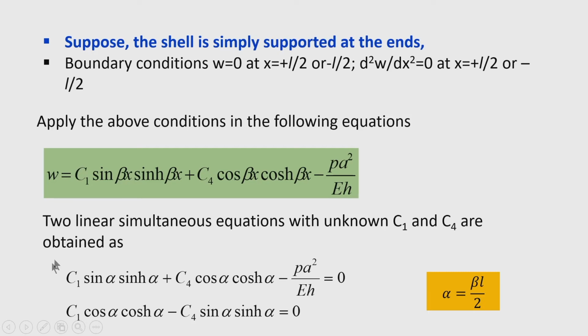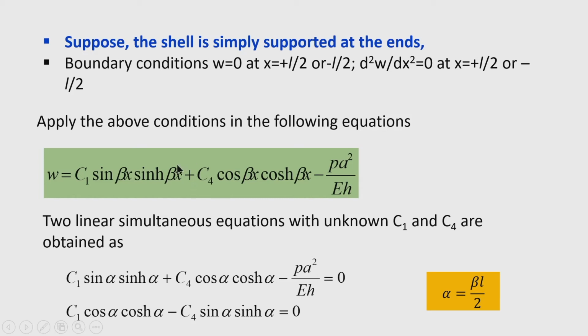Okay. So, the first equation we got from the first boundary condition, that W is equal to 0. The second boundary condition is obtained when we consider that the bending moment at the support plus L by 2 or minus L by 2 is 0.